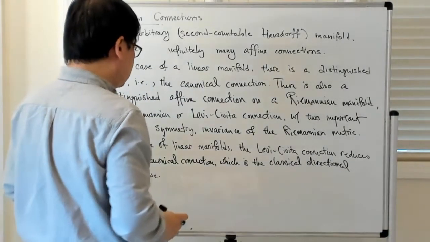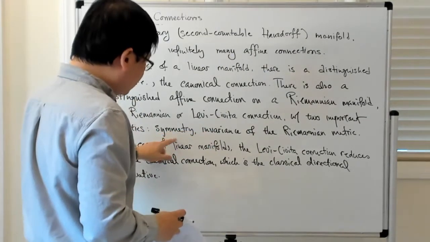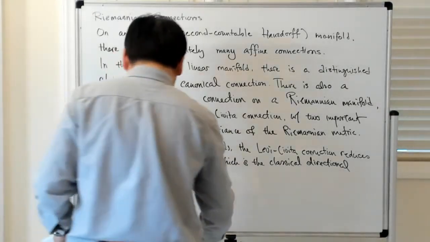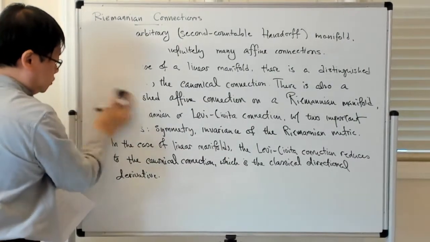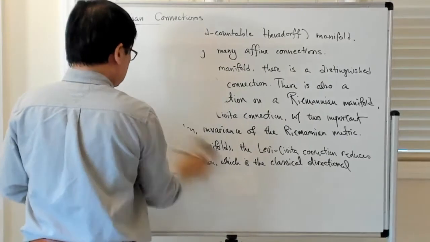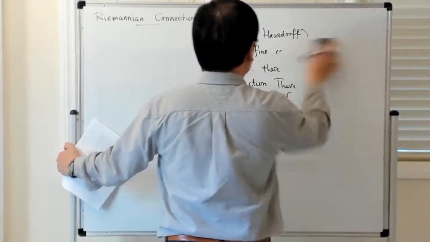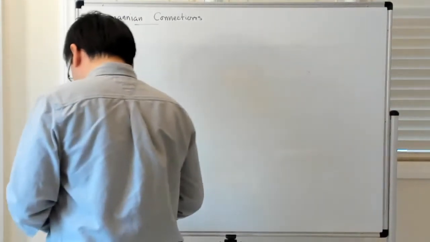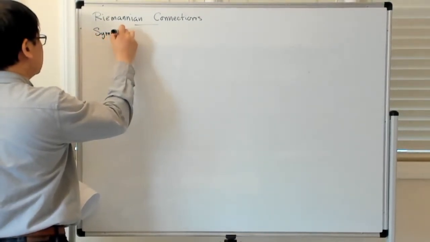All right, so let's try to make sense of what we mean by these two properties of symmetry and invariance of the Riemannian metric now. Okay, so symmetry.